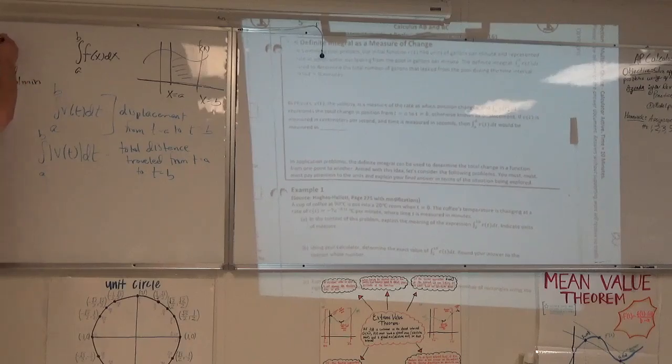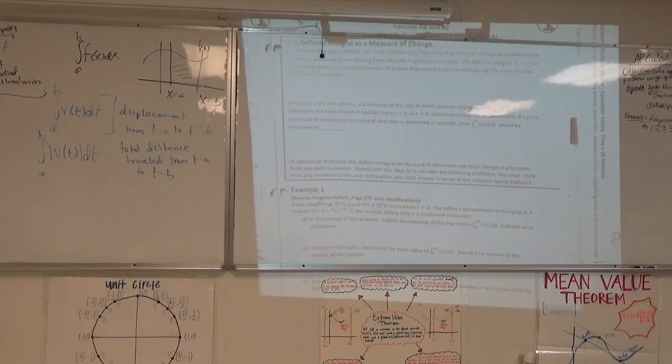So the units for this definite integral, when I put the whole thing together, if r of t is measured in gallons per minute, and time was being measured in minutes, then the definite integral was getting measured in gallons. And the meaning was, and I really want to hammer this point home, r of t is rate.